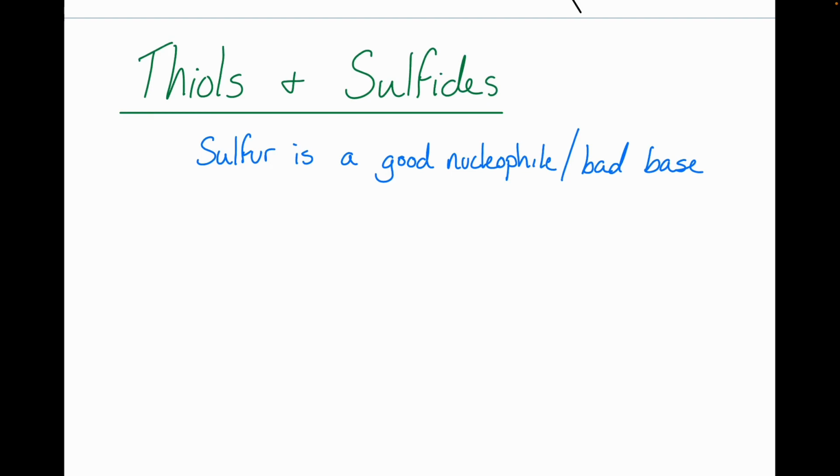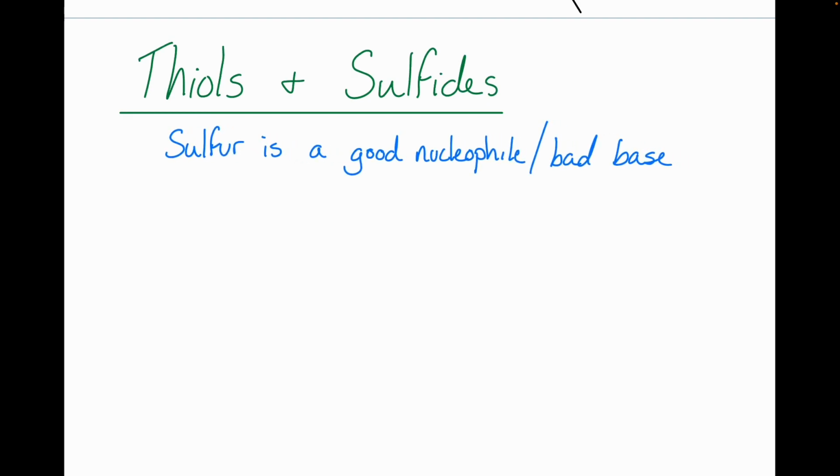So it very much prefers substitution reactions. All right, so let's say that we take this alkyl halide and we react it with this here. I want everybody to take a second and tell me what the product of this reaction would be.